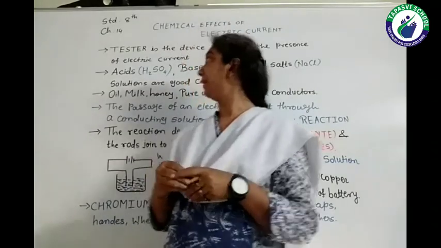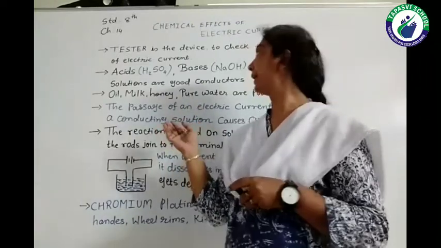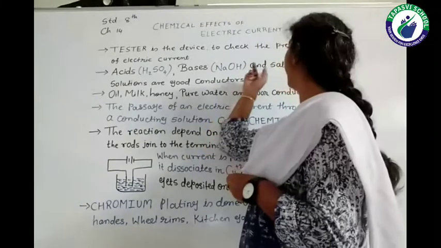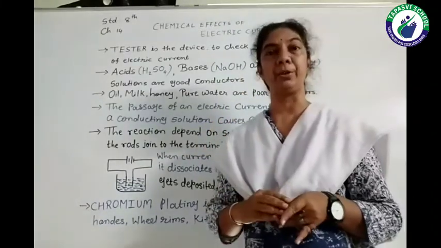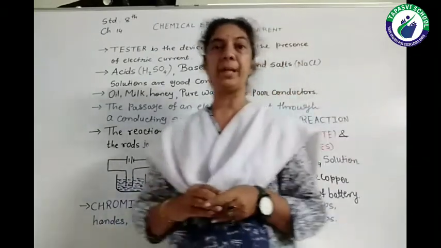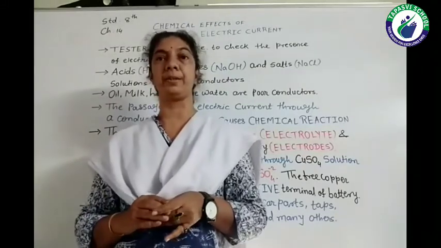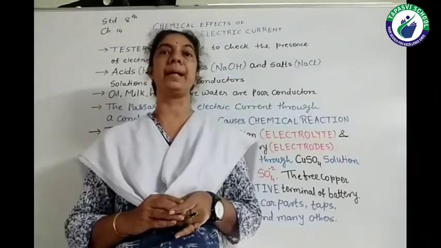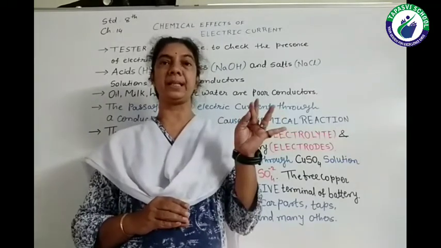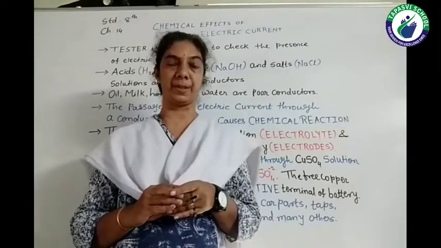So we have seen that acids like H2SO4, sulfuric acid, the bases like sodium hydroxide, and the salts, commonly we use sodium chloride, that is NaCl. But chemically we have a number of types of salts like magnesium sulfate, calcium carbonate, sodium carbonate, etc. So the solution of acids, bases or salts are good conductors of electricity.